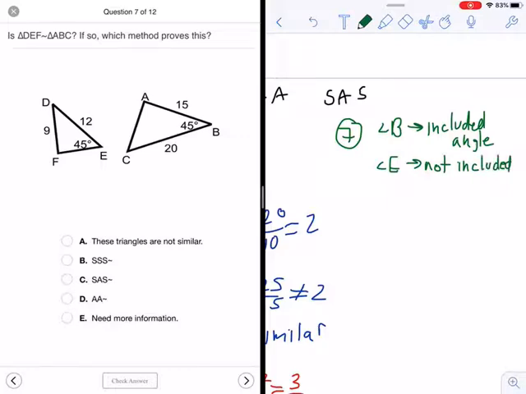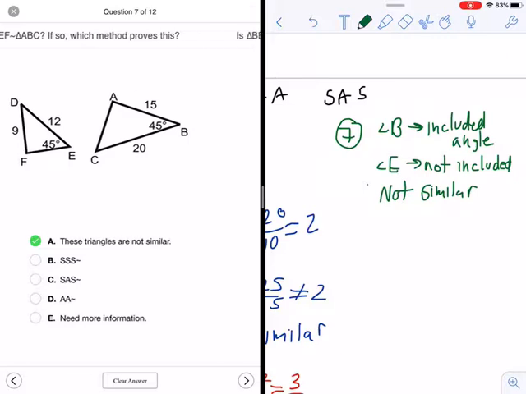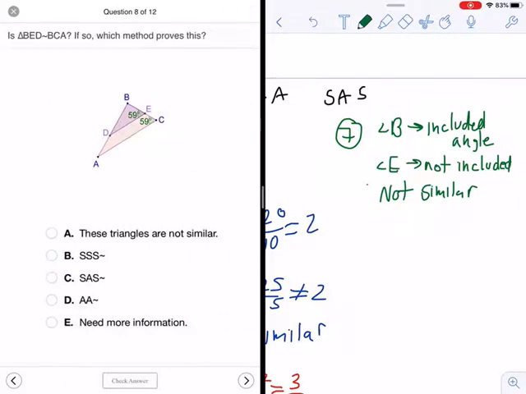So we can't use side angle side. It doesn't matter if you have a congruent angle and 2 sides that are proportional, we're not allowed to use it. So I'm going to say we need more information, or let's just say these triangles aren't similar. I guess the sides aren't proportional, I didn't really check, but not similar at all. We're just going to go with not similar on that one.